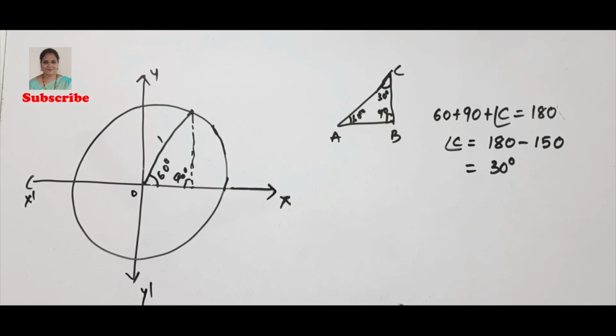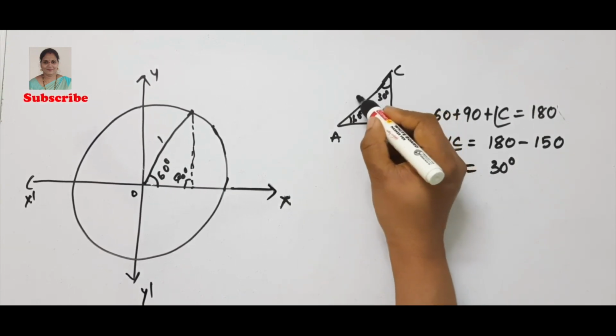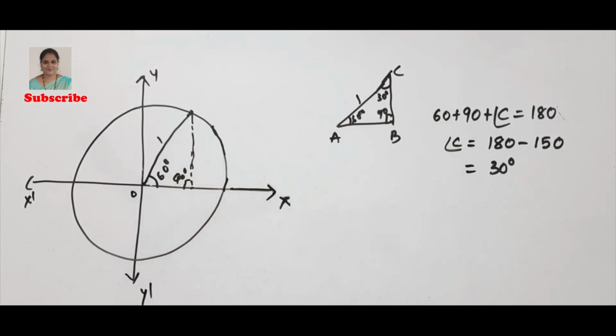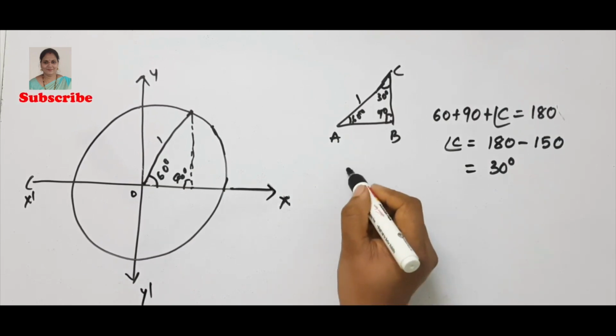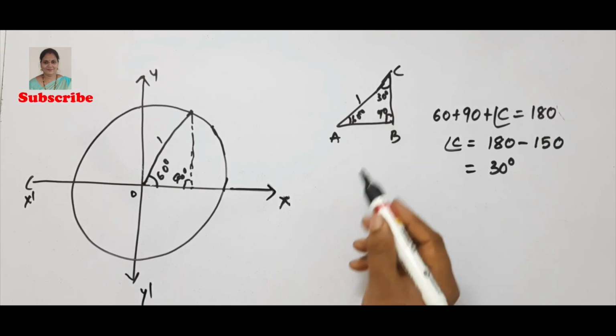Now the length of this side is 1, which we have taken. As we did in the case of 30 degrees, similarly here also you have to consider an equilateral triangle of length 1 and study the sides of this triangle.